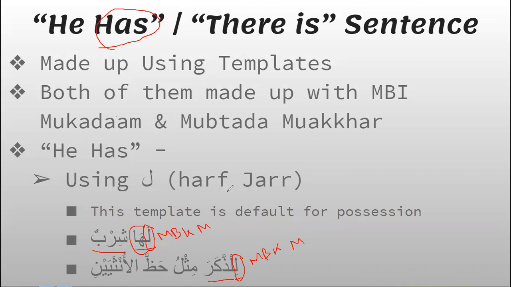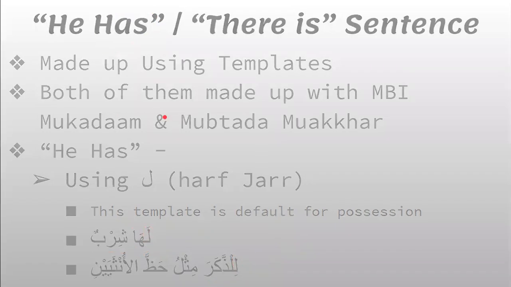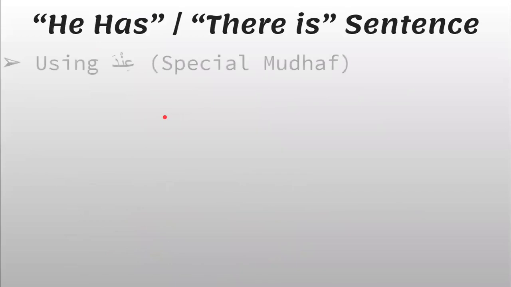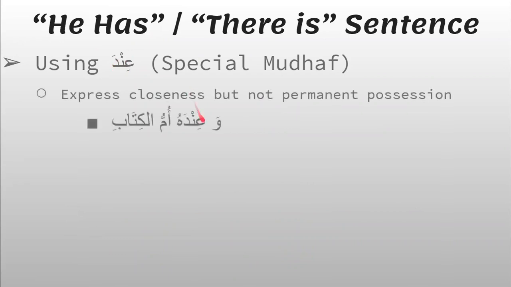Sometimes they translate it even as owns. So it's not a very big deal, just a little thing. If you remember that is good, if you don't remember that, no problem. Or sometimes they use inda for a he-has type of sentence. Wa indahu ummul kitab: he has the mother of the book.